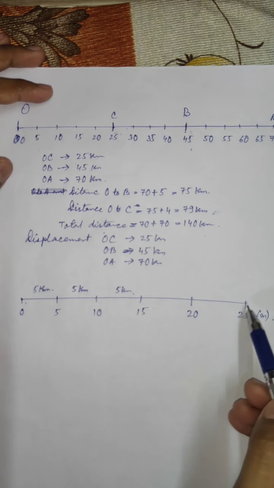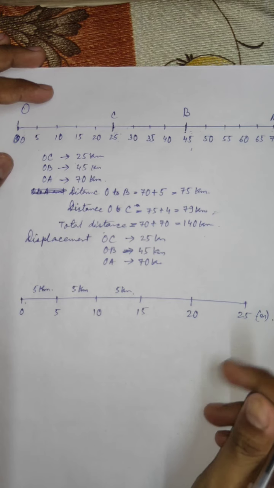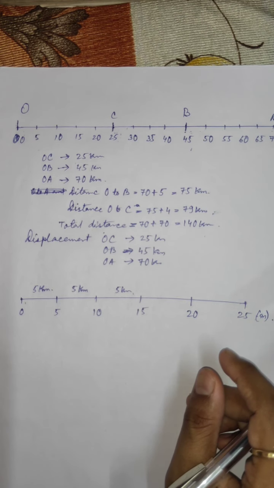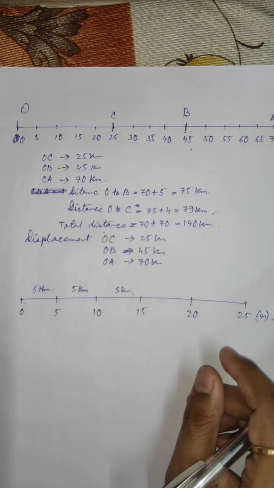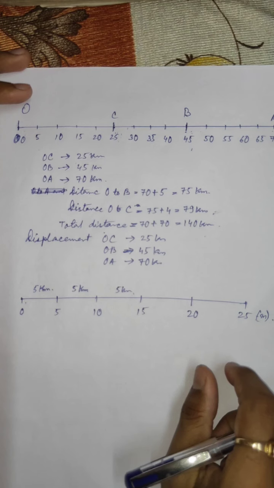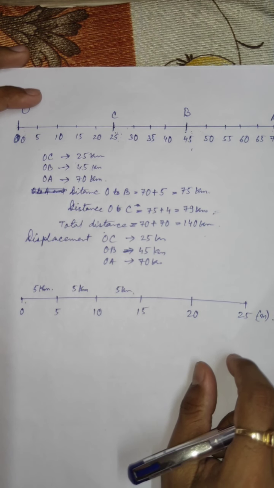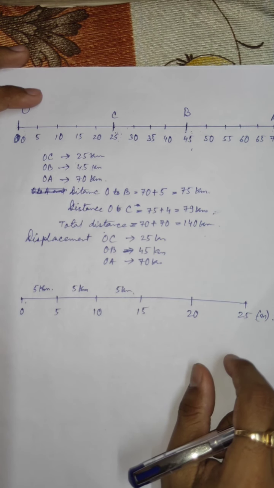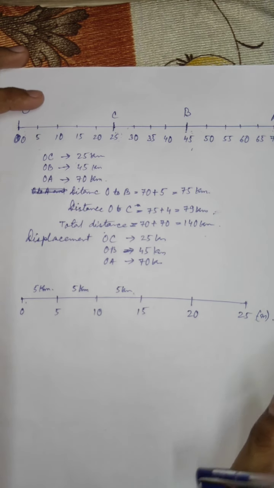Actually the time intervals remain equal most of the time, but it travels unequal distances. When we go out from home, you can observe that in equal intervals of time we travel unequal distances. This type of motion is called non-uniform motion. All right.